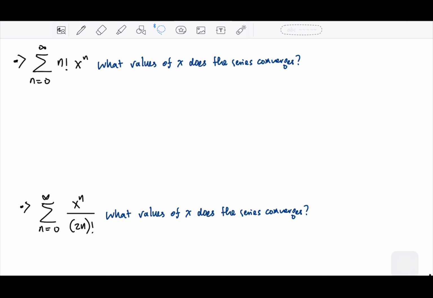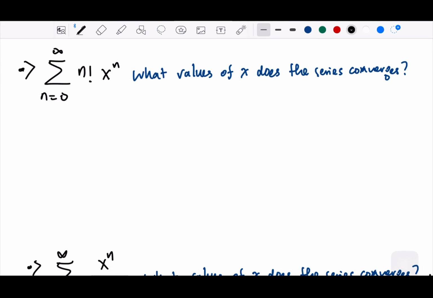So in the ratio test, if you remember, we may have a ratio that is less than 1, greater than 1, or equal to 1, right? Okay, so taking the ratio test, let me start with this. Take the limit.